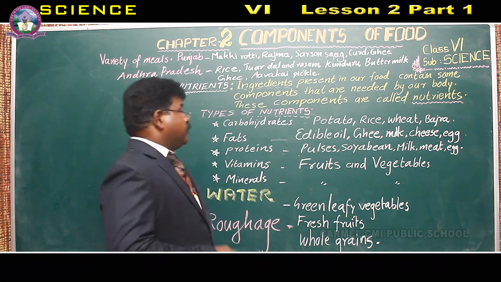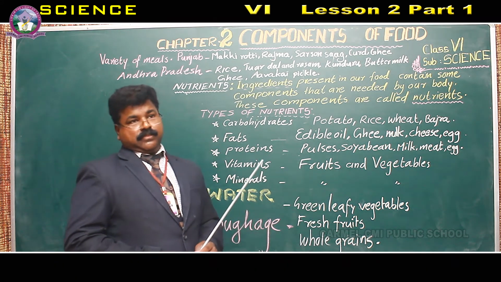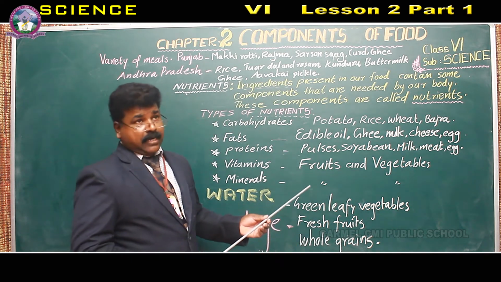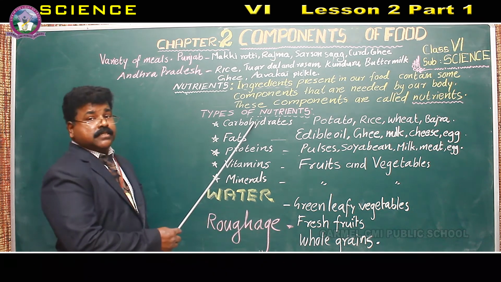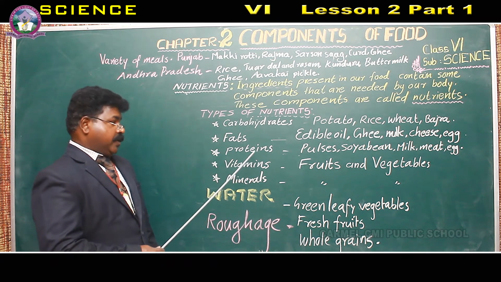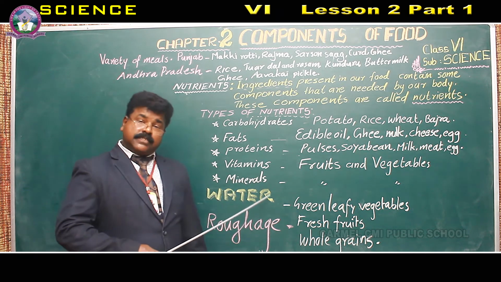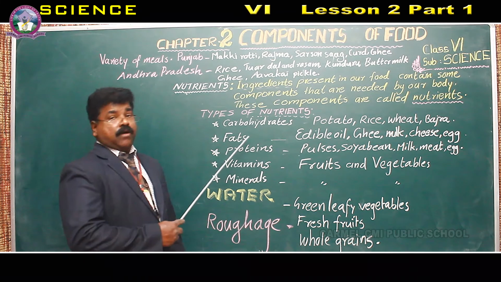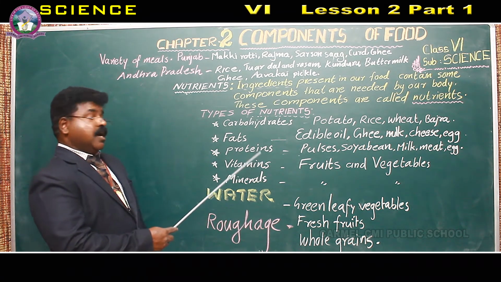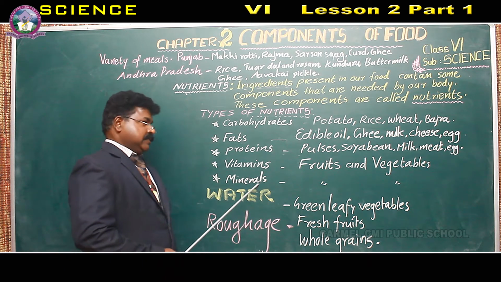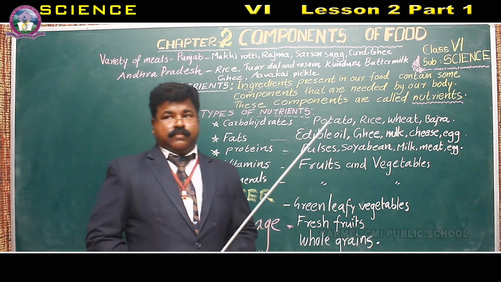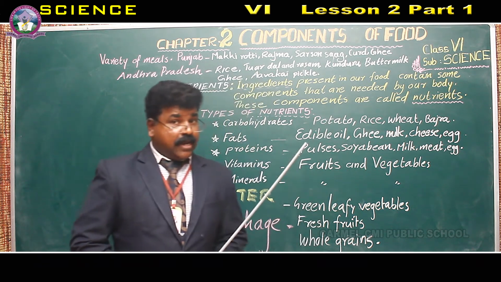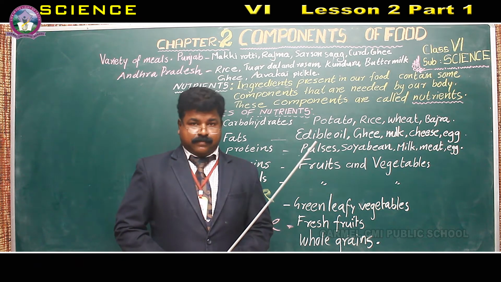Okay, so what are the different types of nutrients? So let us see the different types of nutrients. The major nutrients present in our diet are carbohydrates, fats, proteins, vitamins and minerals. Okay, the major nutrients are carbohydrates, fats, proteins, vitamins and minerals. And apart from these major nutrients, we need to have a good amount of water as well as dietary fibers.